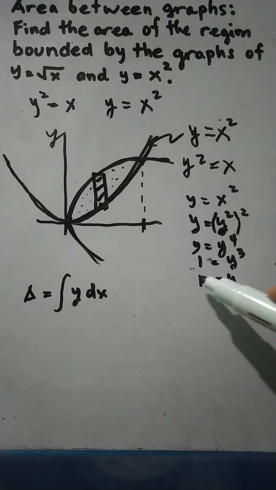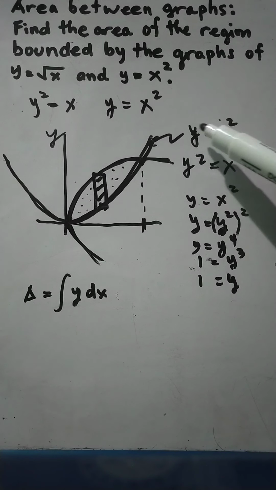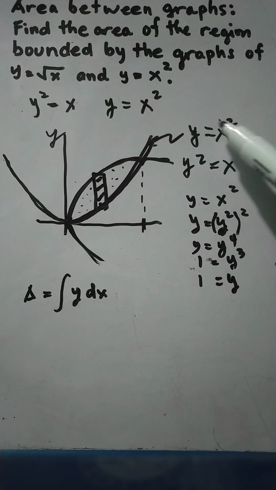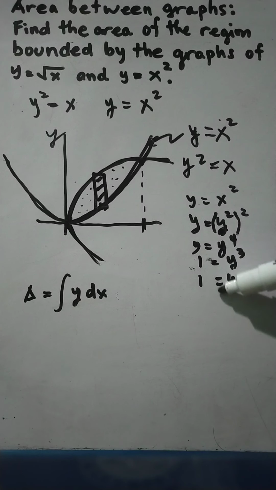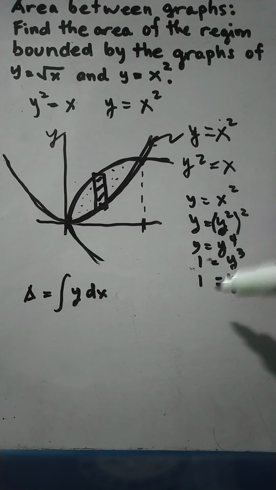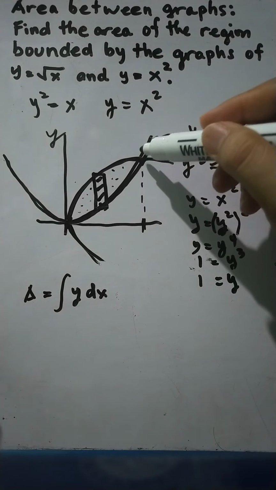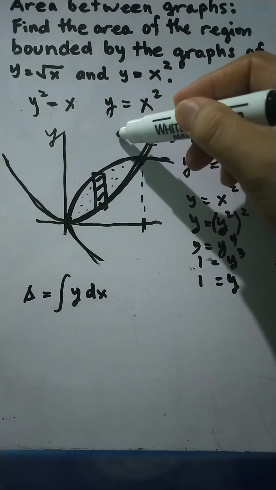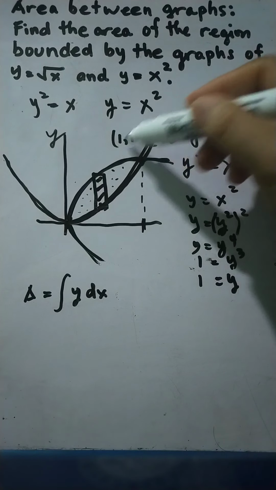So if y is equal to 1, going back to the graph, what is the value of x? Using x equals y squared, if y is 1, the value of x is 1. So this intersection is (1, 1).